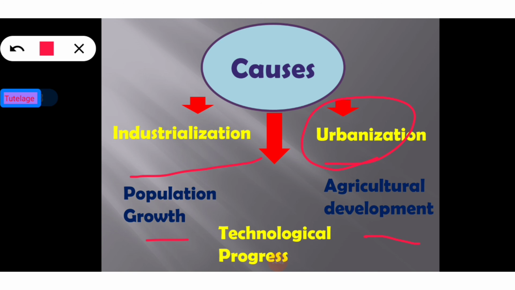And now move on to the fourth one, that is agricultural development. Agricultural development is also responsible for the depletion of resources and environmental degradation. The area under cultivation has increased so as to increase agricultural production, and this has resulted in deforestation, which has thereby led to environmental degradation.